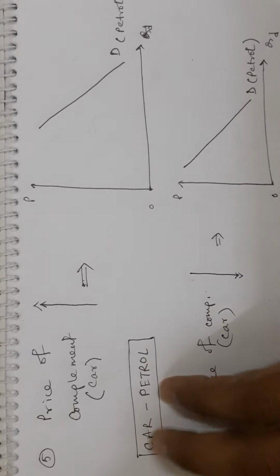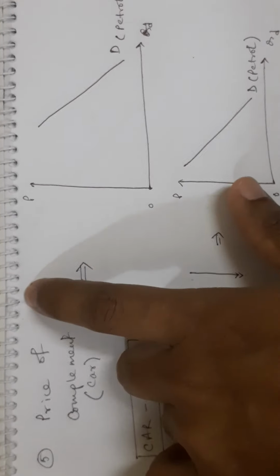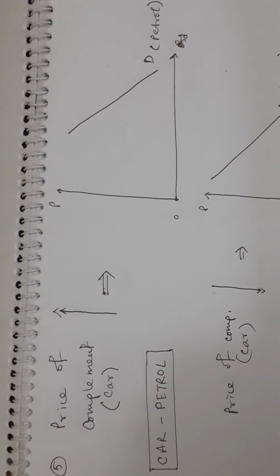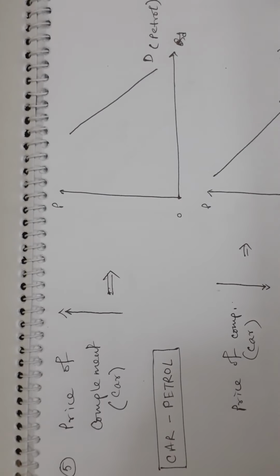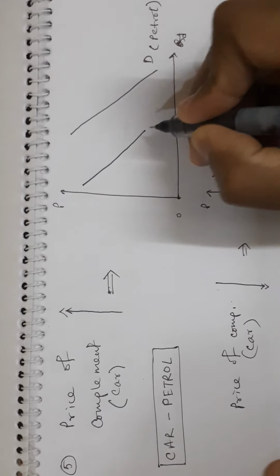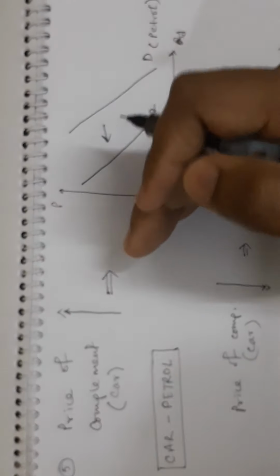We see the relationship between car and petrol. If the price of car rises, car becomes more expensive, definitely total consumption of cars in the whole economy will fall, and if fewer cars are bought, you need less petrol. So demand for petrol will fall, and it will shift from D1 to D2.